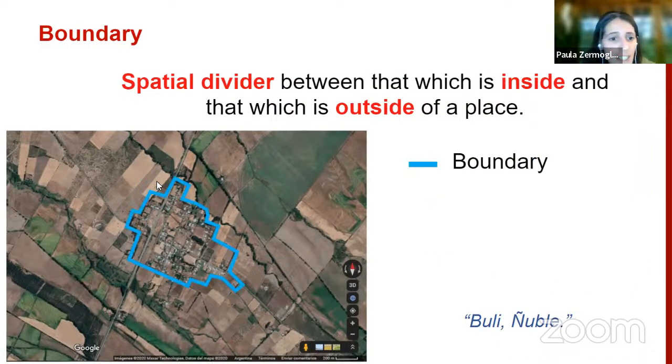We can also delimit this town, and that delimitation sets the boundary of the town. The boundary is the spatial divider between what's in the town and what's outside the town, which is in the feature or outside the feature. That's the boundary.